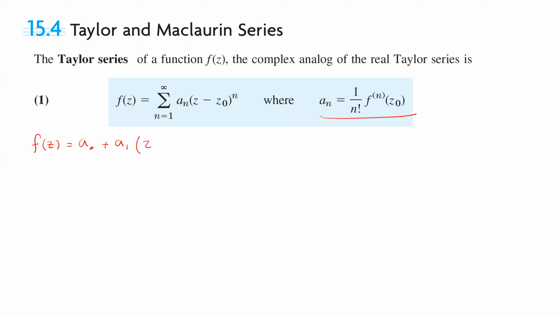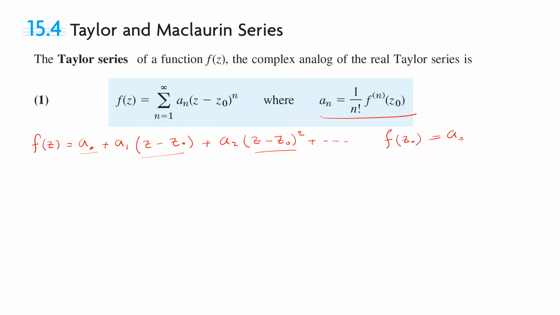a1 times (z minus z naught), plus a2 (z minus z naught) squared, and so forth. And if you want to find a naught, you can put z equal to z naught. If you calculate f of z naught, you see z minus z naught becomes 0. Every term becomes 0. You get a naught.